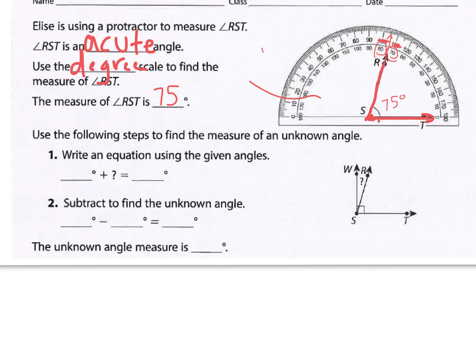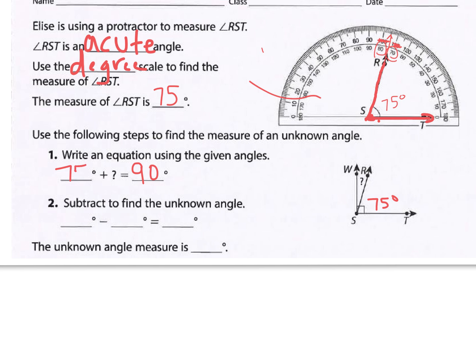So then, if we know that RST is 75, because we measured up here, we can add this angle right here that is 75 degrees to this question mark, and that should equal 90 because it makes a right angle.